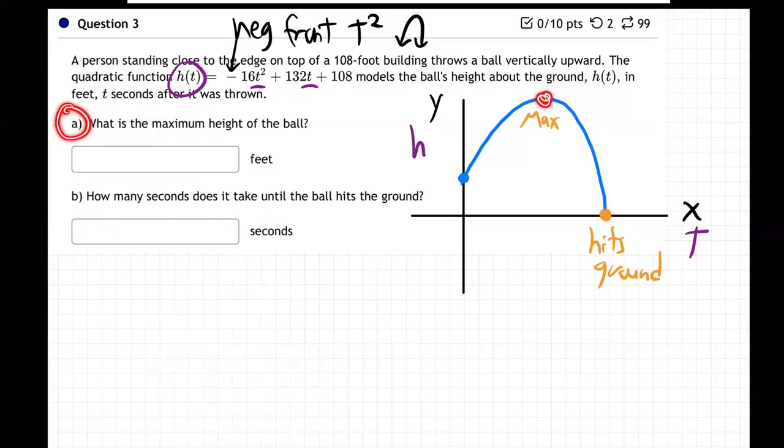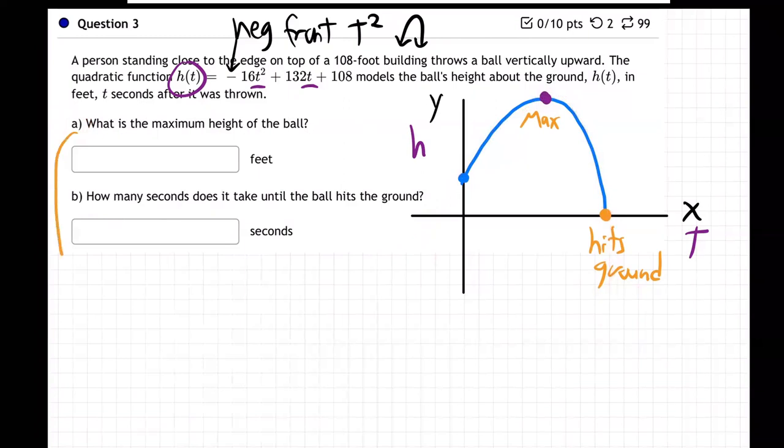Find the maximum. That point, if you notice, is the center of the U-shape, isn't it? That maximum is the very center of this U-shape that goes down on both sides. Well, we already have a formula for how you find the center.